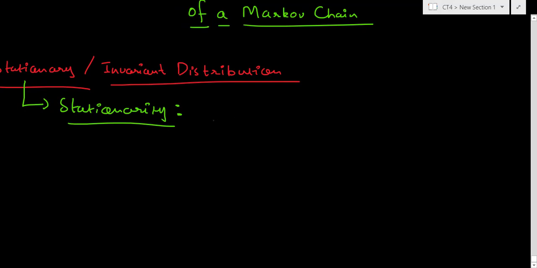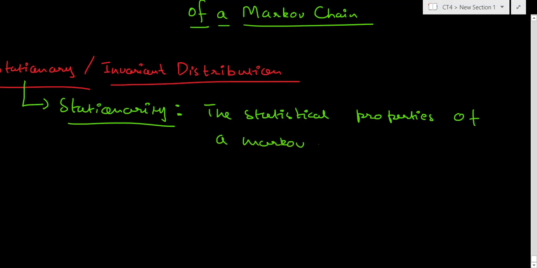So stationarity means that the statistical properties of a stochastic process, here a Markov chain, don't change as time elapses.